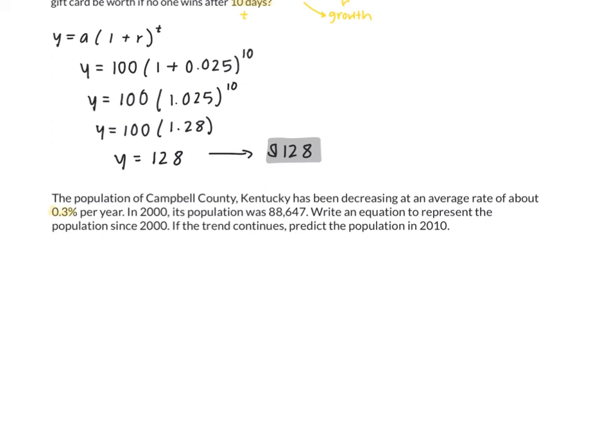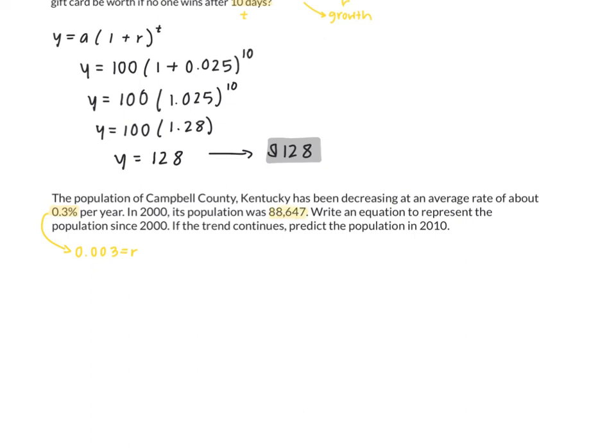So 0.3% is going to be R, but remember we want to have this in decimal form. While I know that this is written with a decimal, it's still a percent, so we want to make that into a decimal without the percent, so 0.3% is going to be 0.003 in decimal form. It then tells us that the initial population of the county was 88,647 people.